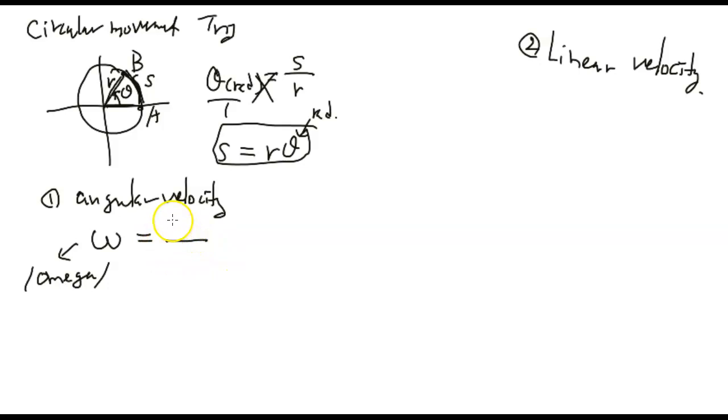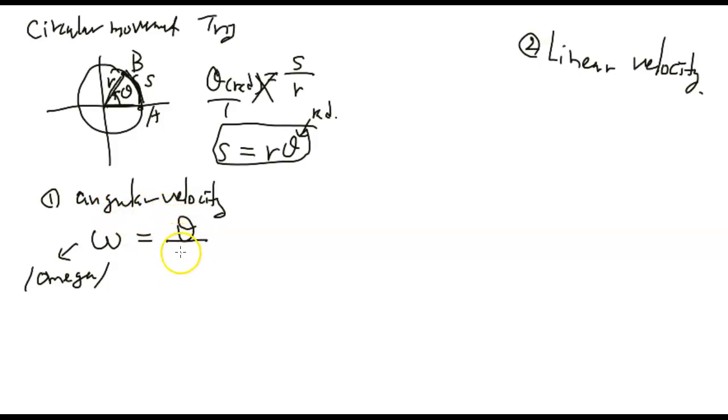Velocity is the distance traveled per time taken. In this case, the distance traveled is the angle amount rotated, theta, and that's why we call it angular velocity.